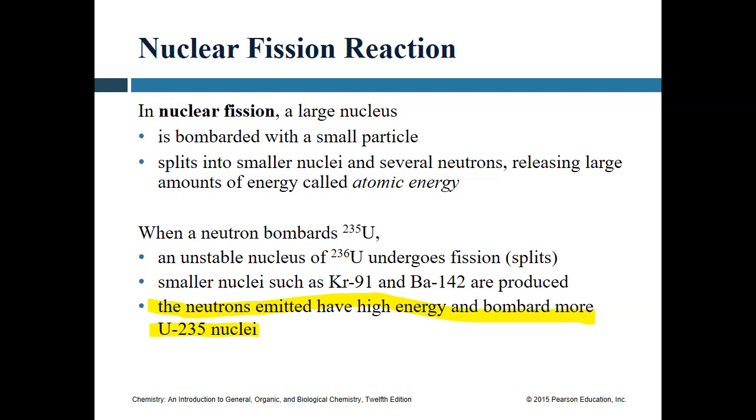Every time one of these splits occurs, the split generates 3 more neutrons that can cause 3 more atoms to split. And each one of those can cause 3 more neutrons to come out, and 3 more, and so on. And so what you have evolving very quickly are nuclear reactions that are going to generate a ton of energy very, very quickly.